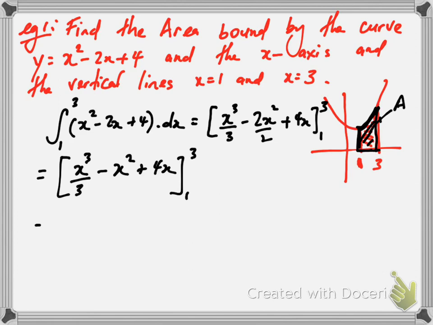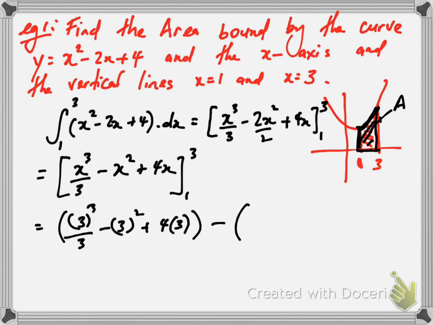Let's substitute the value of 3 in x cubed over 3, so you get 3 cubed over 3 minus 3 squared plus 4 times 3, minus 1 cubed would be 1 over 3 minus 1 squared plus 4 times 1.